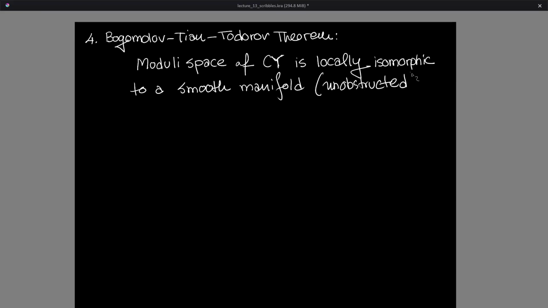It's a pretty rare geometric property for a moduli space to be unobstructed, and Calabi-Yaus are one of those really nice spaces where the moduli space is unobstructed, and this is called a Kuranishi space, this unobstructed moduli space.